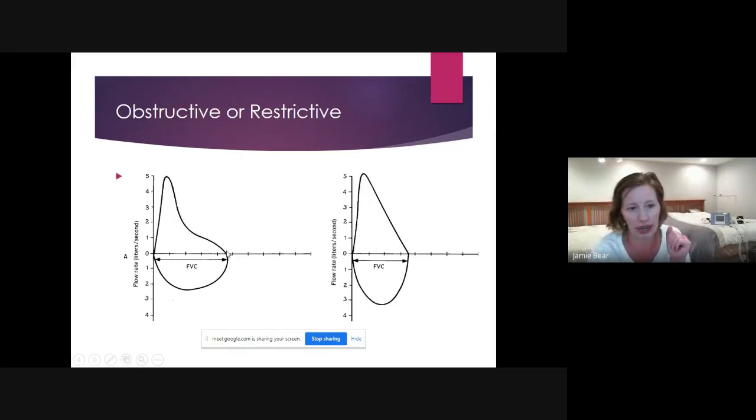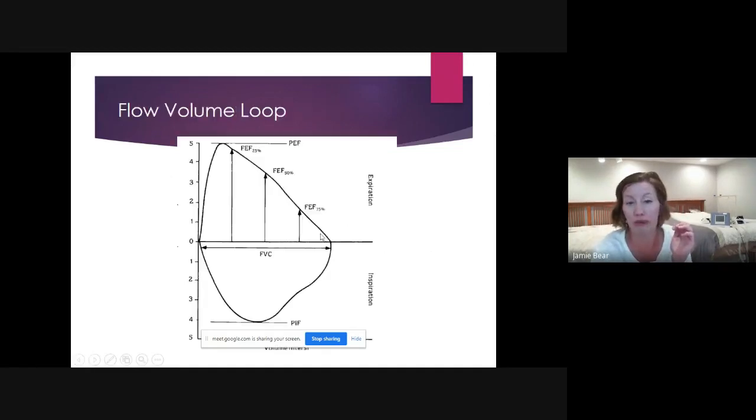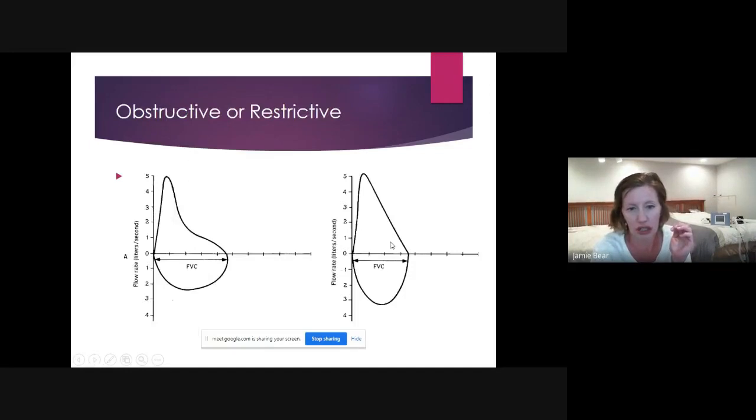to get that out as compared to this patient who took a deep breath and exhaled hard, and this patient was able to get it out. But this patient is also, as compared to the shape of this one, as you can see with this patient, it's more narrow and pushed in, okay?